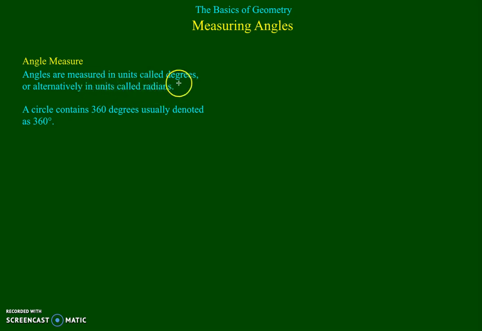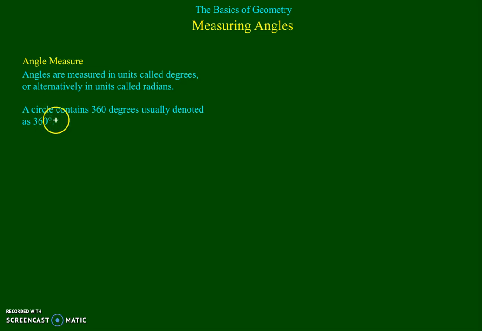But radians and degrees are units of measure for angles. For the most part, from this point forward until we get to the discussion of radians, we're always going to be using degree measures to measure our angles. A circle contains 360 degrees, and it's denoted with the little degree symbol.